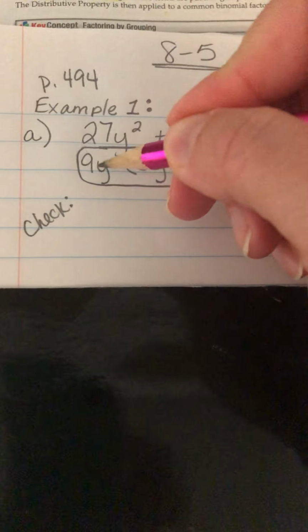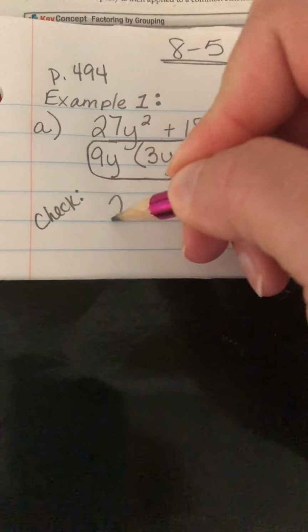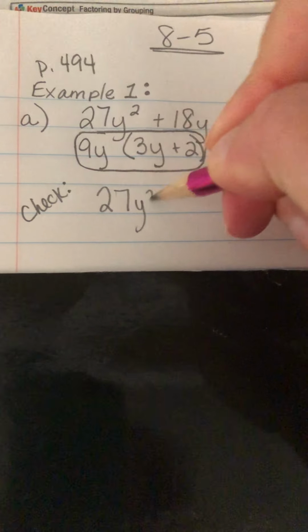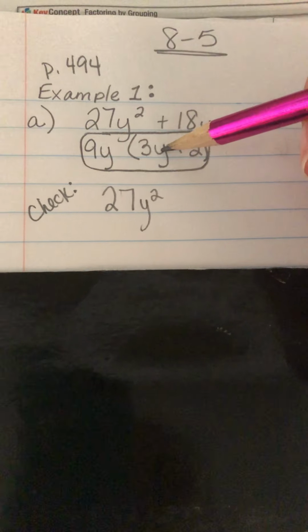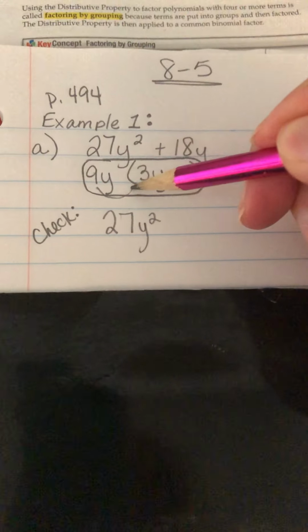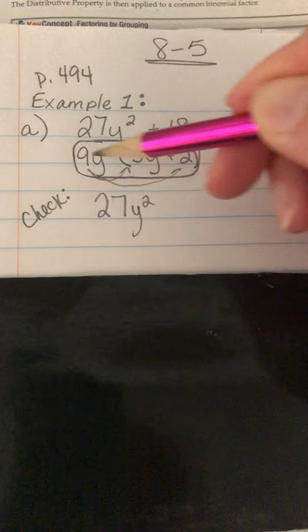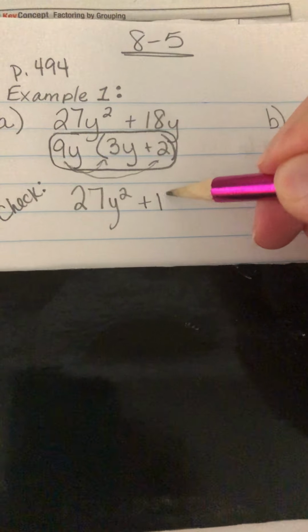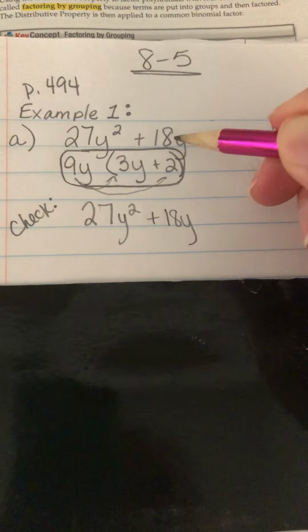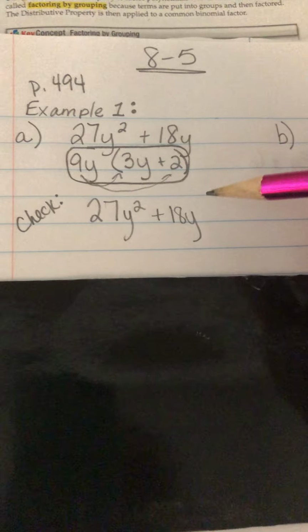Okay, so 9y times 3y, that would make 27y squared, right? Because we have 9 times 3, and then y times y. And then you can do 9y times 2. And that would make a positive 18y. So see how that gave us back the original problem.